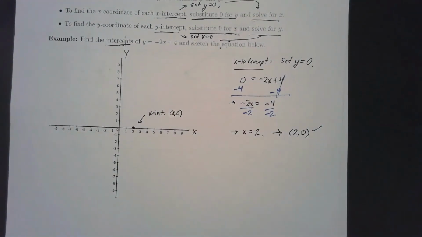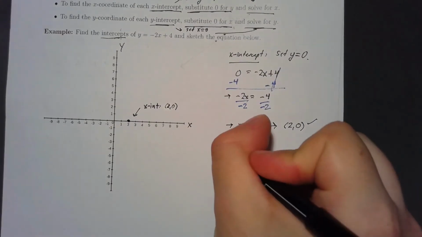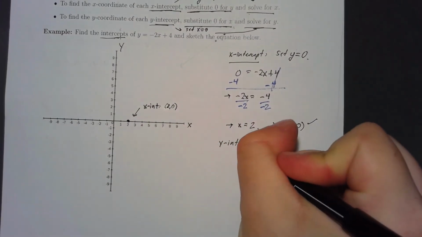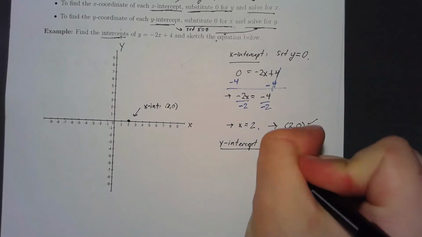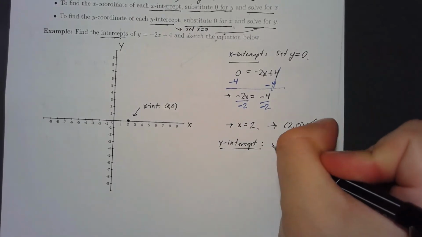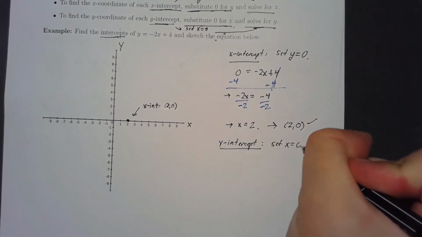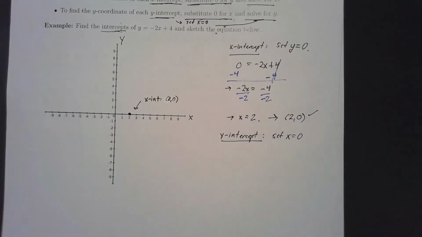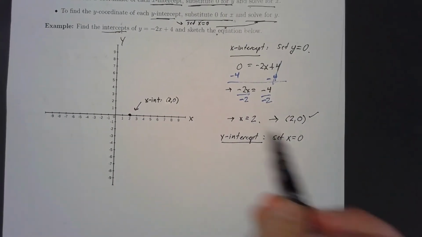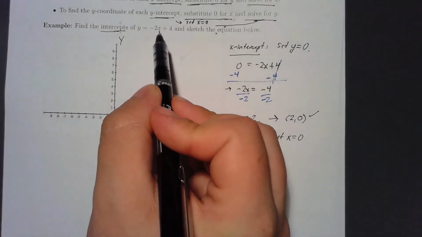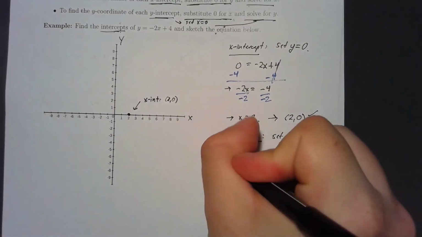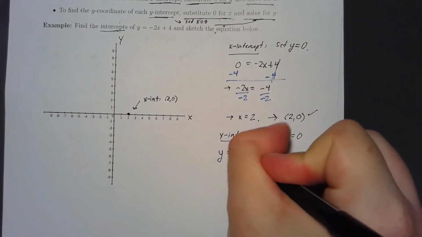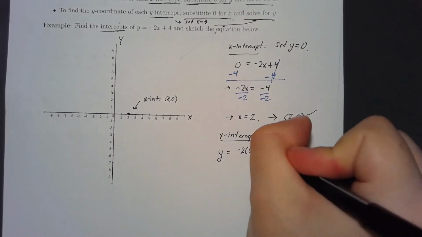Okay. Now let's find the y-intercept. So in this one, you're going to set x equal to 0. This one's easy. I mean, they're both easy, but this one's even easier. You're going to plug in 0 for x. So you're going to get y equals negative 2 times 0 plus 4.